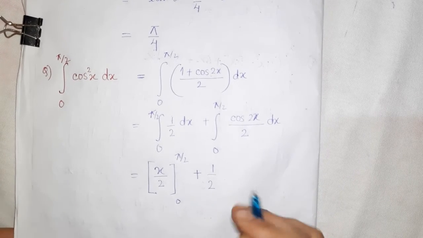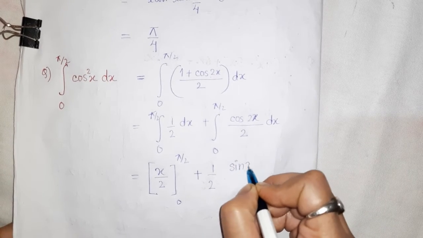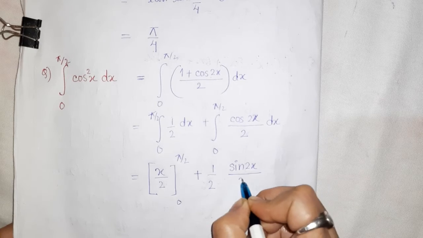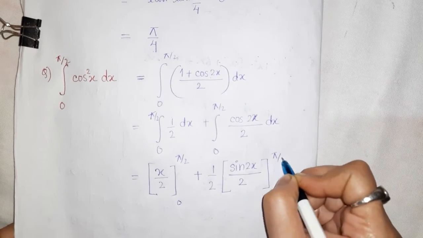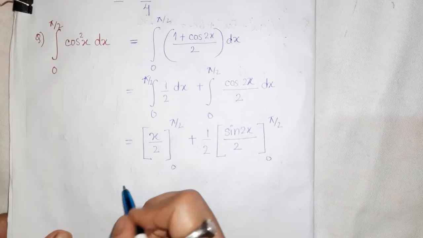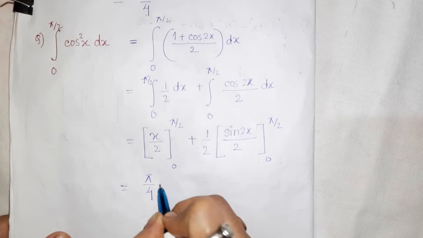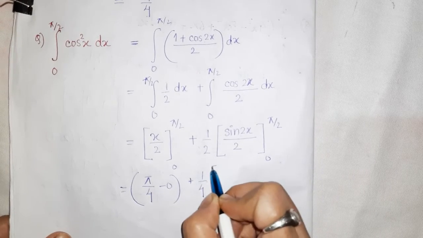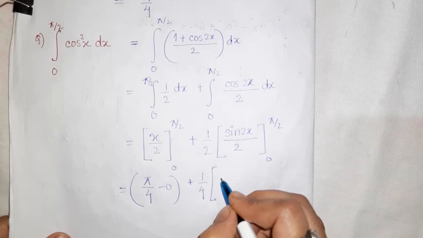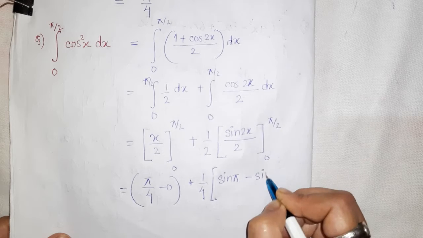What is the integration of cos 2x? It's sine 2x by 2 by chain rule, 0 to pi by 2. Okay, now it will be pi by 4 minus 0, plus 1 by 4 outside, so it will remain as sine pi minus sine 0.